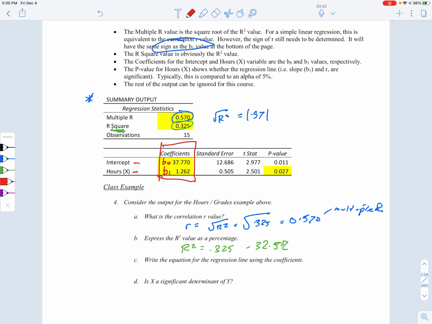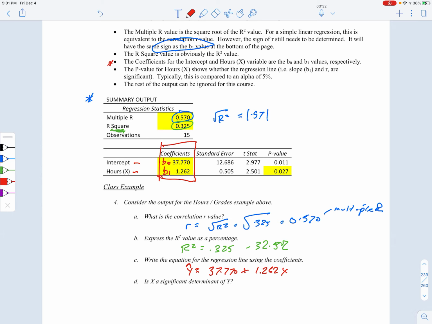But the regression equation is found in that column of coefficients. You'll remember the regression equation says y hat is equal to, and you can just read those out, 37.700 plus 1.262 times x. And that is talked about up here.